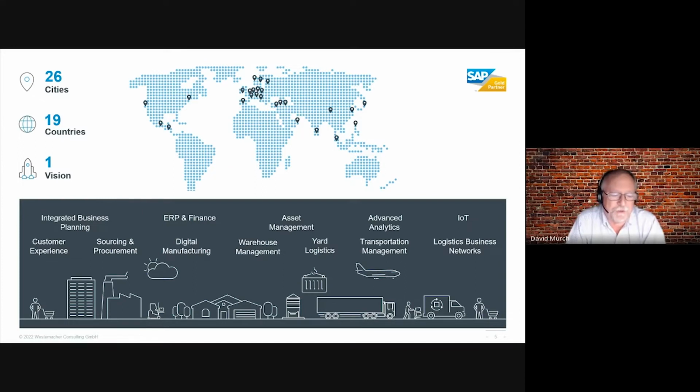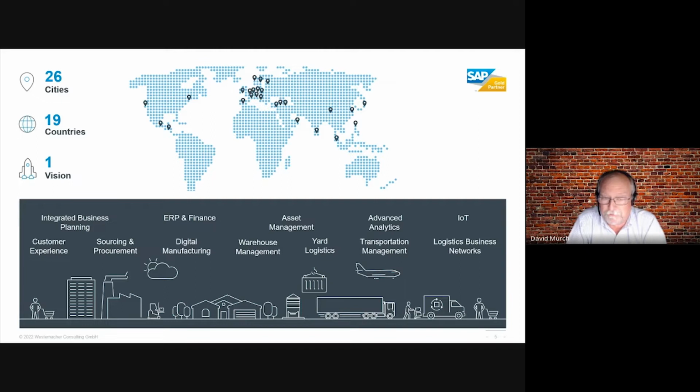Just one slide about Westernacher. We don't want to inundate you with this. We are a global partner in digitization and business transformation. We have very deep expertise in digital supply chain. We have a presence in 19 countries and 26 offices scattered about the world.